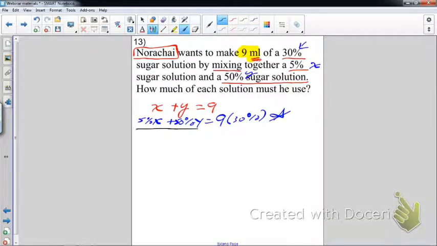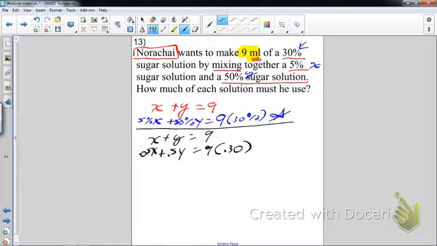From now, everything that we are going to do goes back to systems of equations. I didn't do anything to the first equation, but the second one I have to convert into decimals. So I have 0.05x plus 0.5y equal to 9 times 0.30. Now, I personally don't like working with decimals because it's a headache.